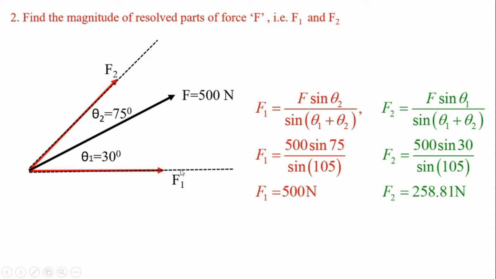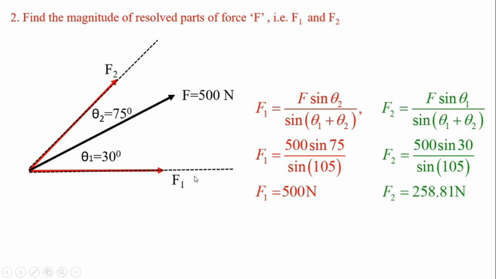First direction, say OA, this is the second direction OB, and here the figure is not drawn using a protractor. So roughly the angles are shown. Theta 1 is equal to 30 degrees, theta 2 is equal to 75 degrees. Remember, theta 1 plus theta 2 is equal to 105, means the angle will be something like this, 105, greater than 90 degrees, and this is F2.